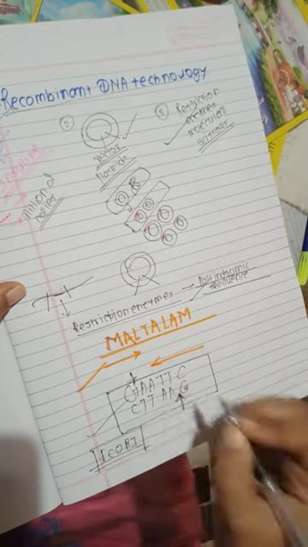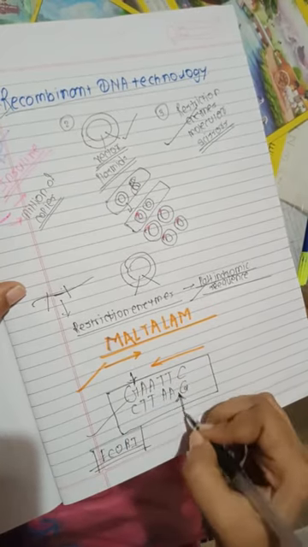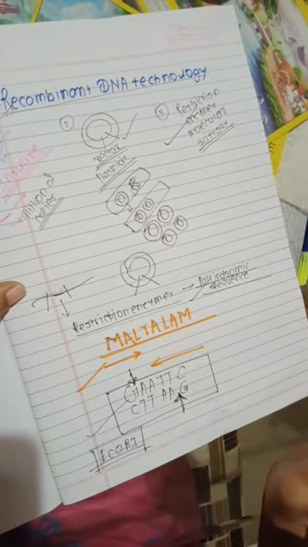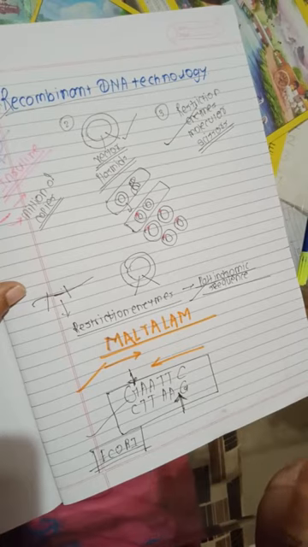It breaks the two strands at a specific site. So it is going to cut here at G. This is what the restriction enzyme will do. Clear, students?